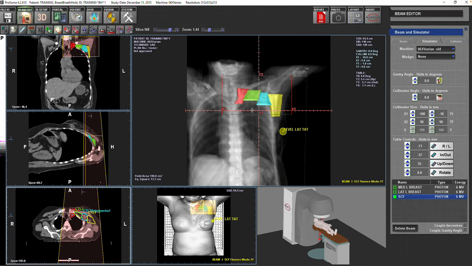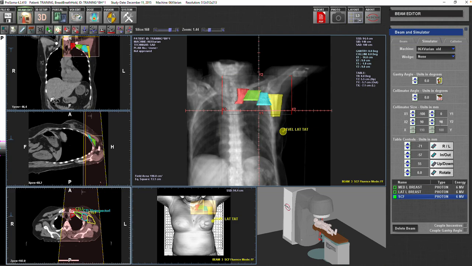The most straight part of the beam as a border. What is the most straight part of the beam in our radiotherapy? The most straight part of the beam is the isocenter. So basically, we are using the isocenter to be a border, a non-divergent border.